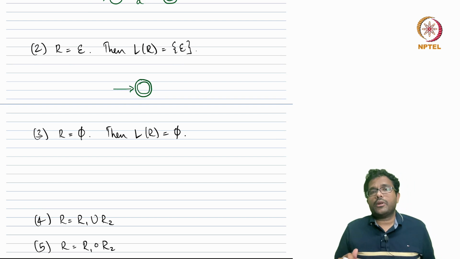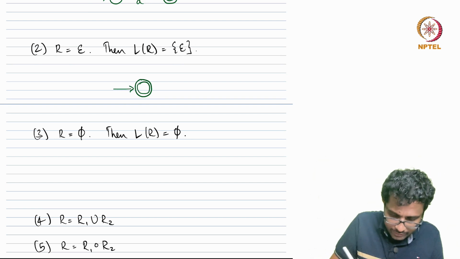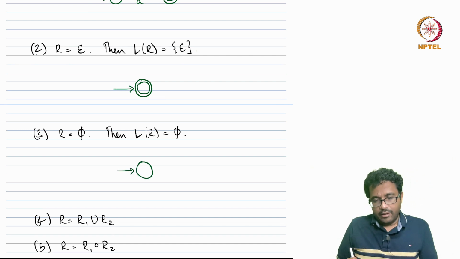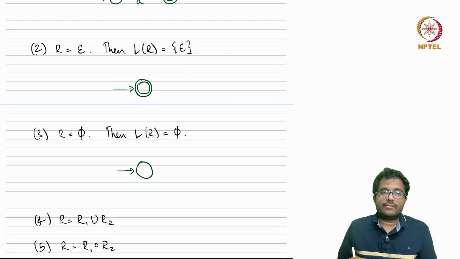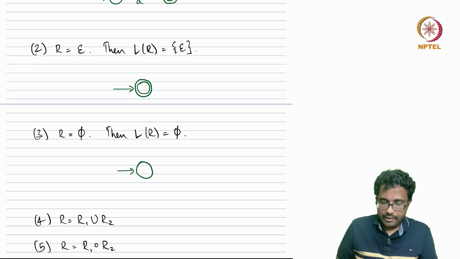Now if you want to consider the regular expression empty set, that's also easy. We can have a one state NFA again, which just has a starting state with no accept states. So there is no accept state, so nothing is going to get accepted. In other words, it accepts only the empty set.